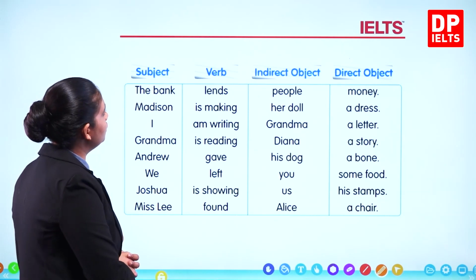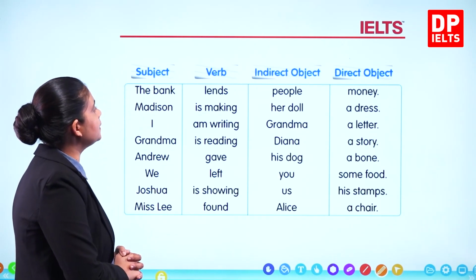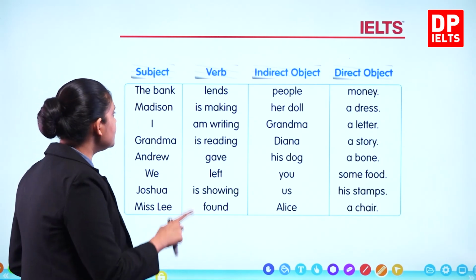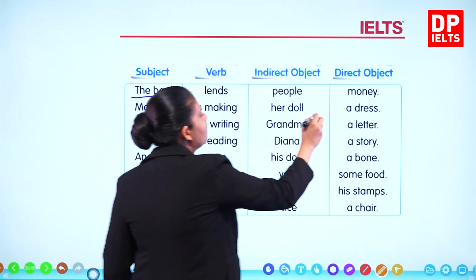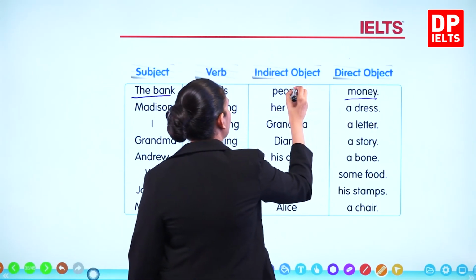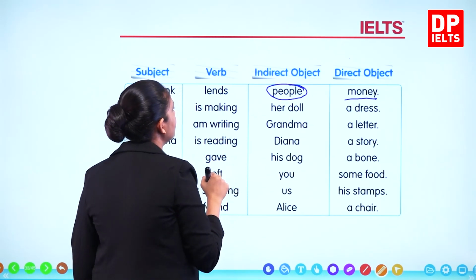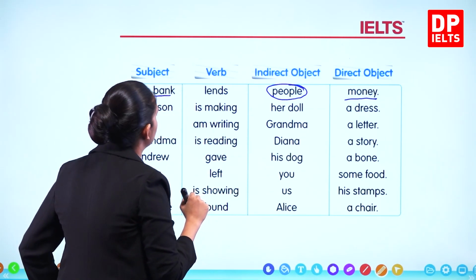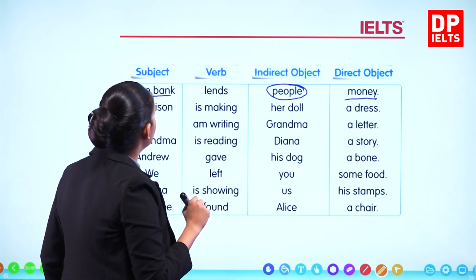Right, let's have a look at some of the examples. The bank lends people money. Who is lending? The bank. What are they lending? Money. To whom? To the people. So therefore, people is the indirect object. Madison is making her doll a dress.